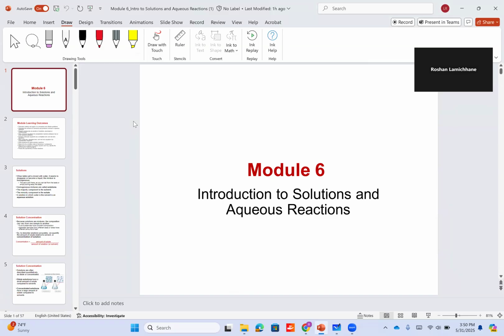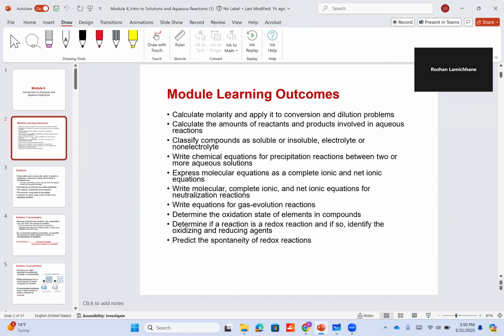All right, so Module 6, these are some of the learning outcomes. A lot. But most of these things are definitely some review, at least for students who took C101 last semester.